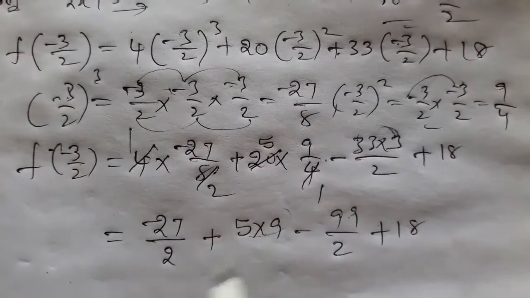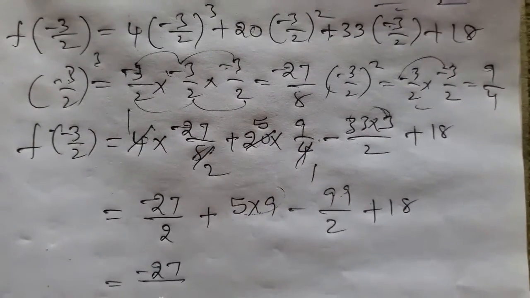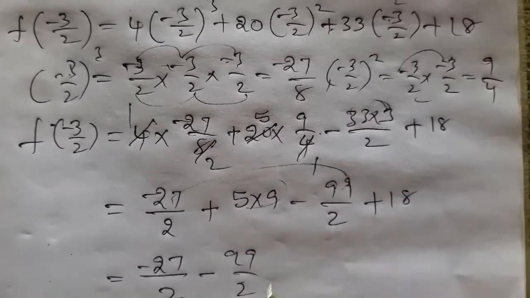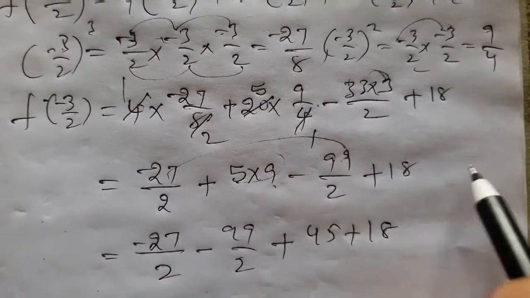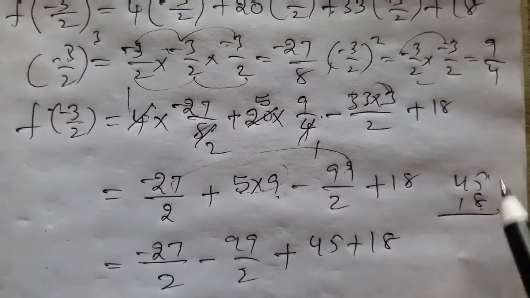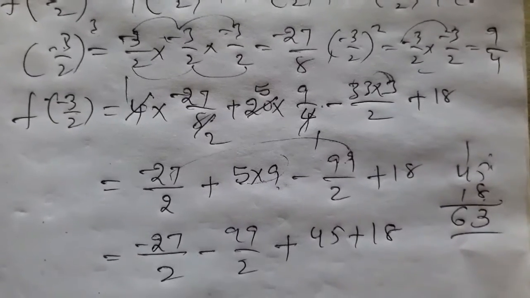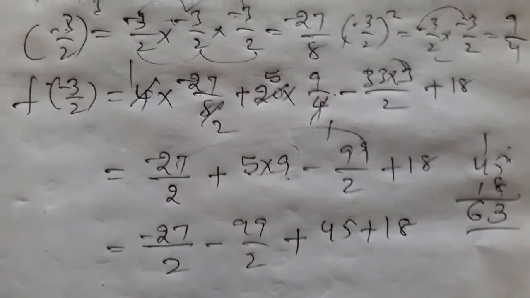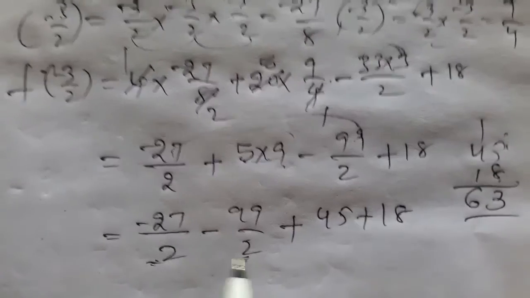Now see here, 5 nines are 45. This is equal to minus 27 by 2. I am taking these two, minus 99 by 2 plus 5 nines are 45 plus 18. See here, 45 plus 18, 8 plus 5 becomes 13, 1 is carry. This is 63. Now see here, both have the same sign and both have common denominator 2.